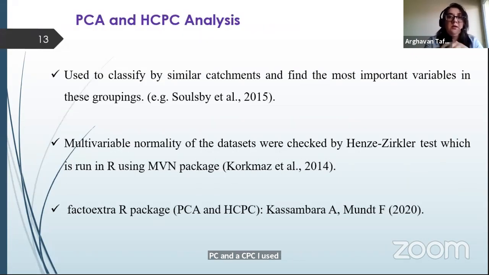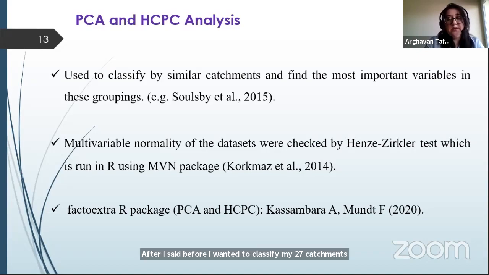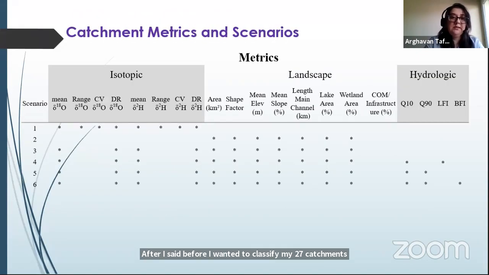After all this, as I said before, I wanted to classify my 27 catchments according to their similarities and differences. For this, I generated 6 different scenarios. For each scenario, I used a specific number of isotopic, landscape, and hydrologic variables that you can see in this picture.